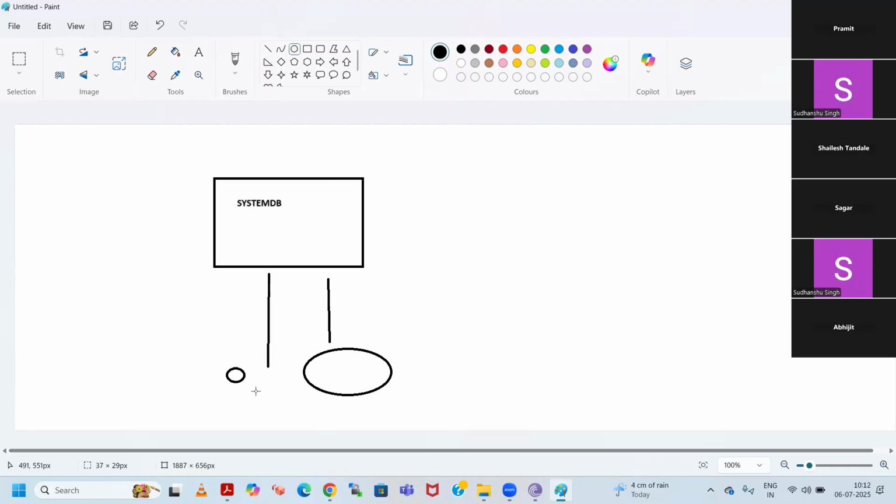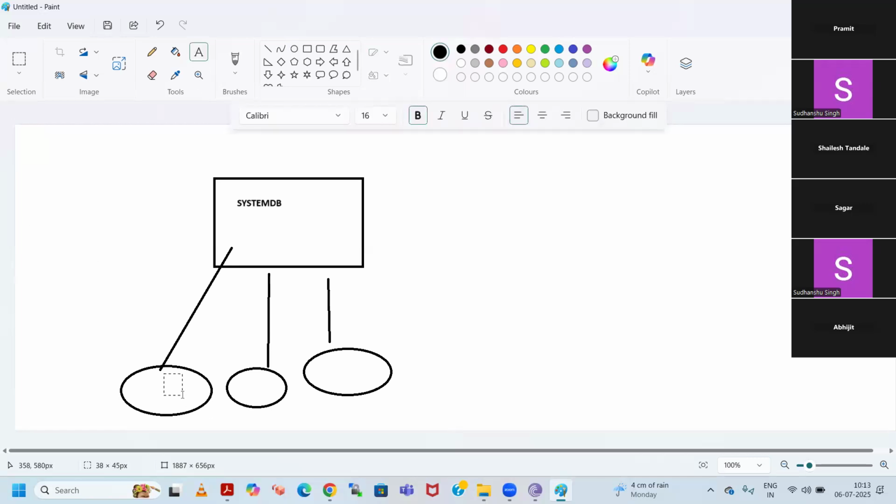Now let us suppose I am a father, right? I am a father, I am a system DB. Okay, I have three children, right? I will give the children names A, B, and C, right? They are, guys, tenant DB, which is created through me, right?